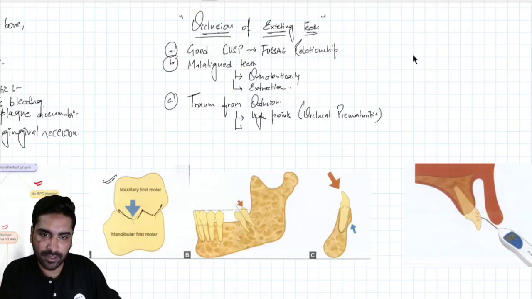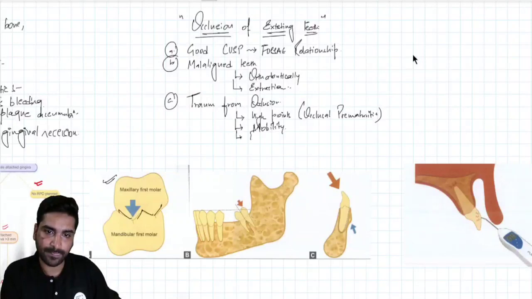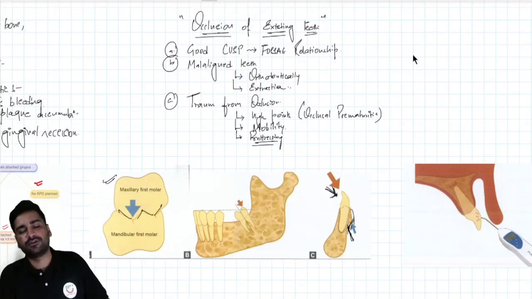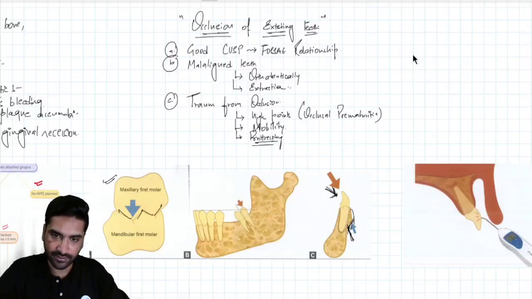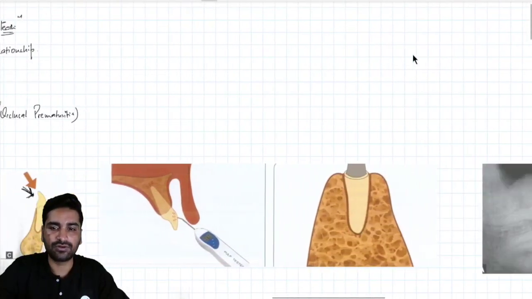There can be mobility of the teeth. Then buttressing bone formation can also be there. This is called buttressing because more force is directed from this side, and this part of the cortical bone will show buttressing bone formation. So these factors should be evaluated when we are talking about the occlusion of the existing teeth.